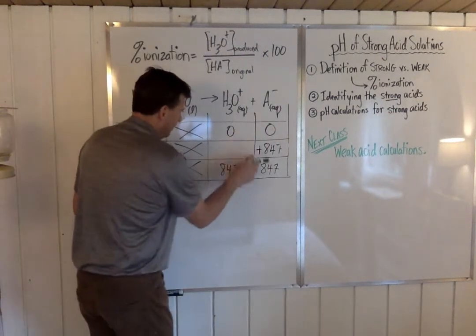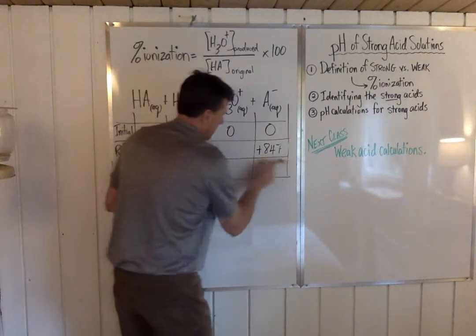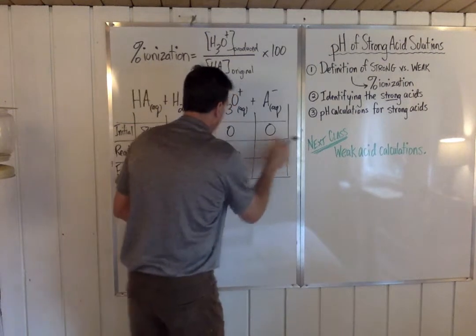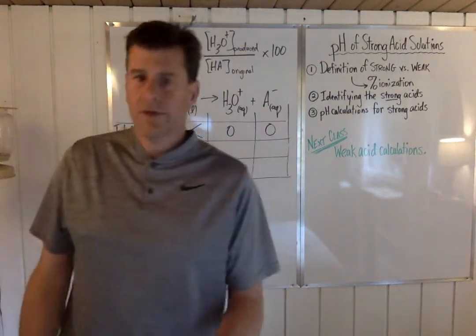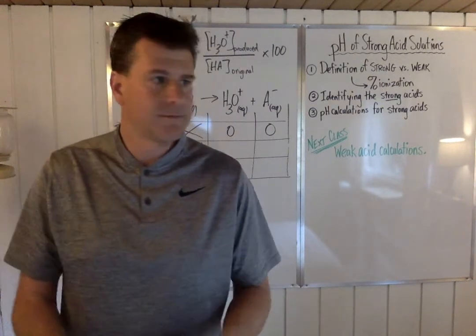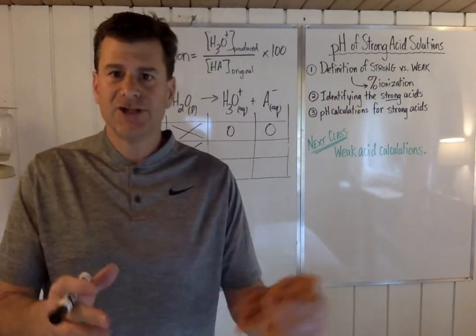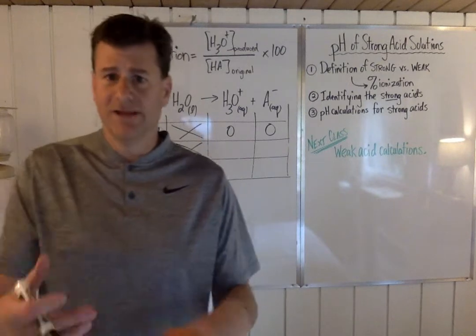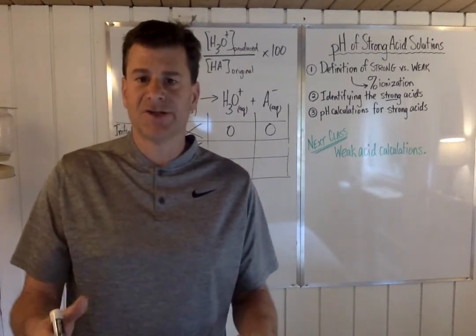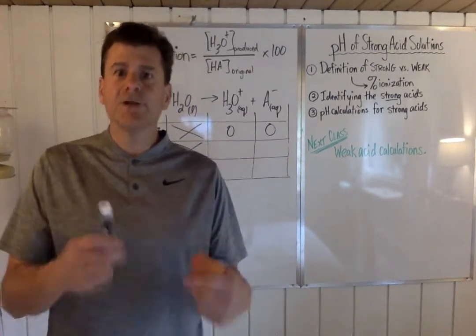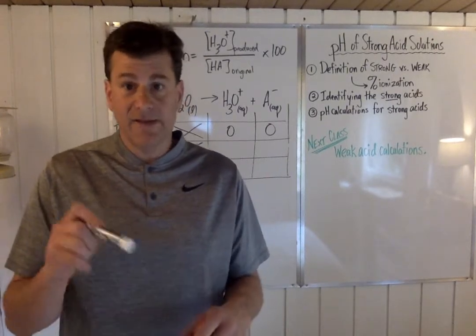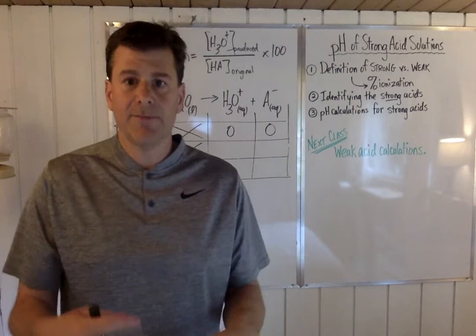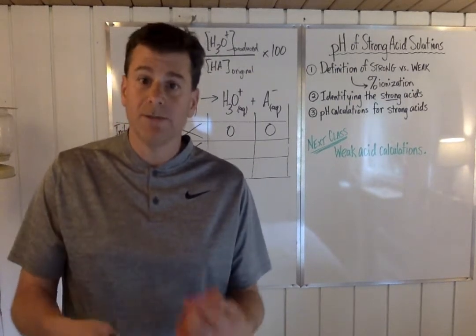But this is Chem 12, so it's not always that simple. So what if they don't all go? Let me give you a little bit of a story to get this. Let's pretend in the HA molecule itself, the A and the H are covalently bonded, and they're really strongly bonded together.